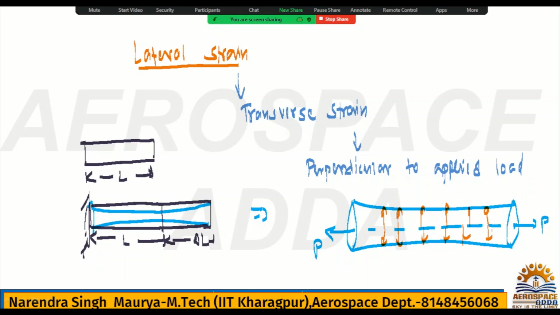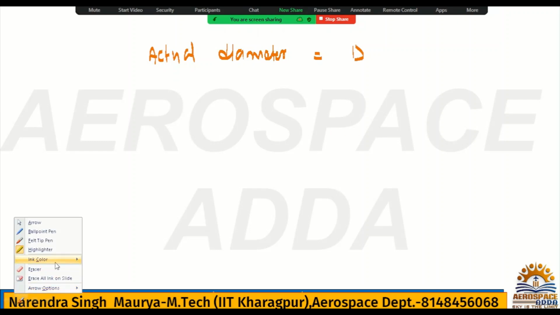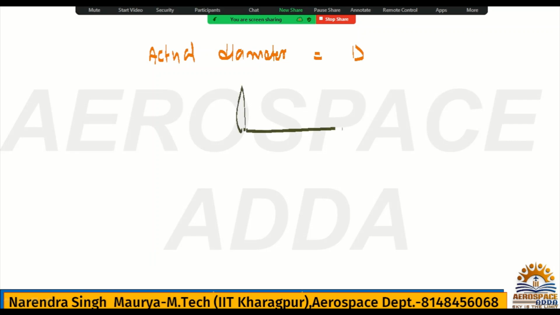Now in terms of diameter, as I told you, this is a circular rod. The actual diameter of this rod is nothing but capital D, a constant diameter.